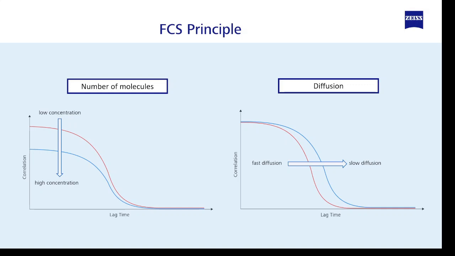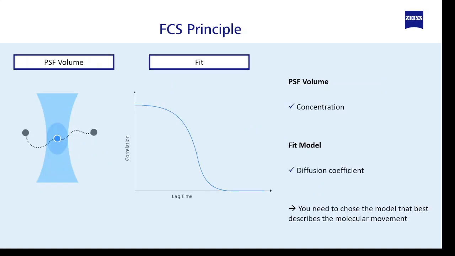If we normalize the amplitude of the correlation curve, we eliminate the information on the number of molecules, but we get the information on diffusion speed. If we have a faster diffusion speed, the correlation curve will drop to zero faster. So from this curve, we can get the diffusion speed.